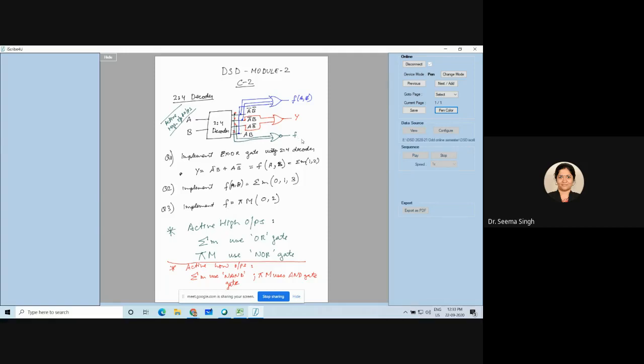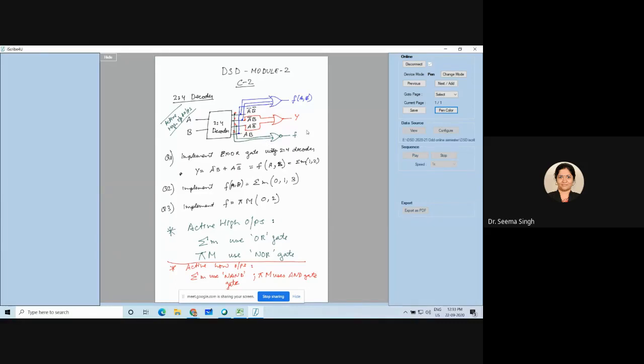For example, now take another case, a 3 happens. A 3 happening means what? A and B is 1, 1. When A and B is 1, 1, your 3 will become high. And what will happen to this 0 and 2? This 0 and 2 will be low only. Right? So when 0 and 2 are low, both are 0, 0. What will happen to this F?